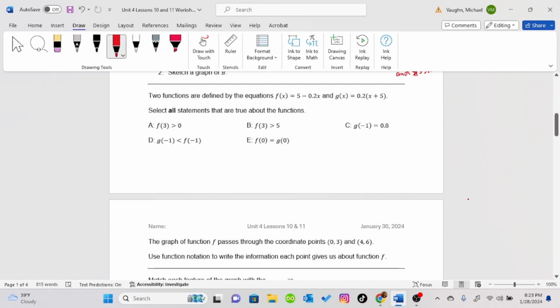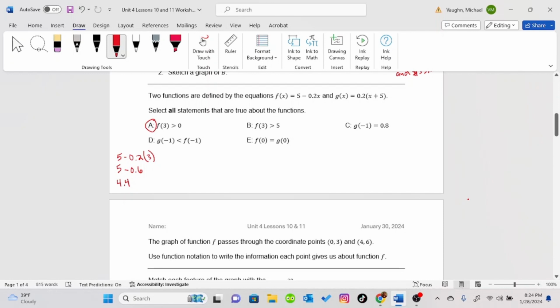So if we substitute 3 in for x, we have 5 minus 0.2 times 3, negative 0.2 times 3 is negative 0.6, and 5 minus 0.6 is 4.4. 4.4 is greater than 0, so A is a correct answer.